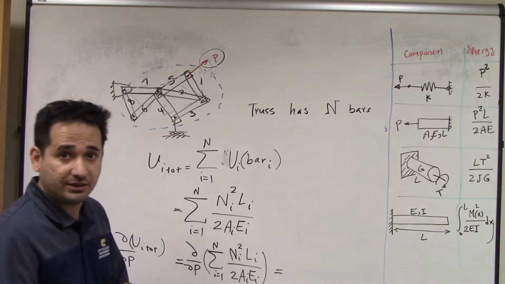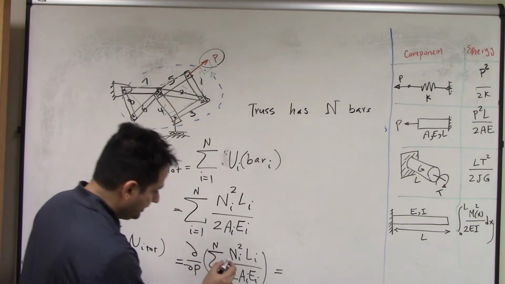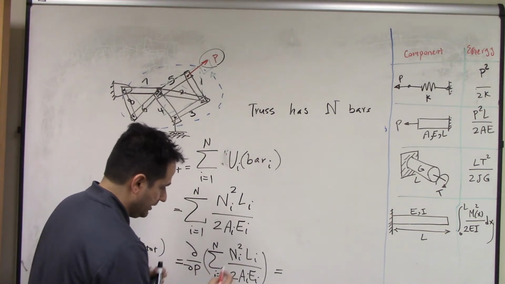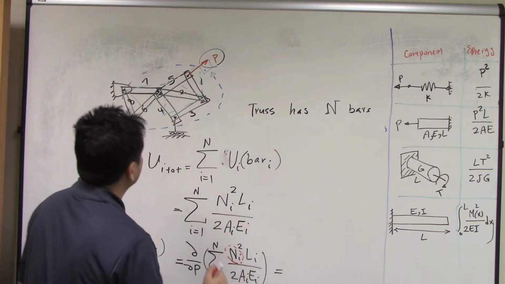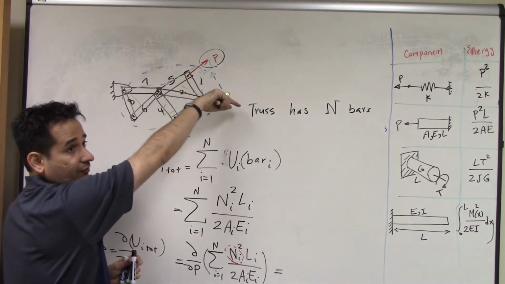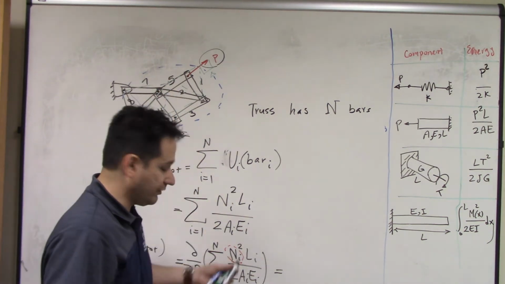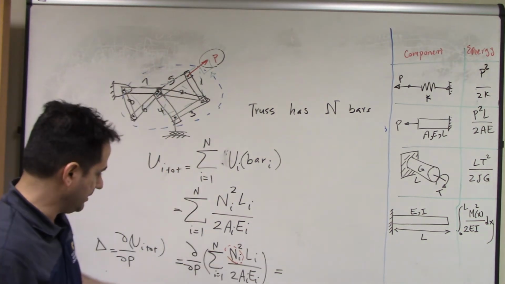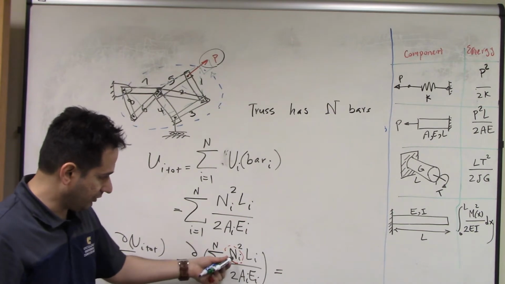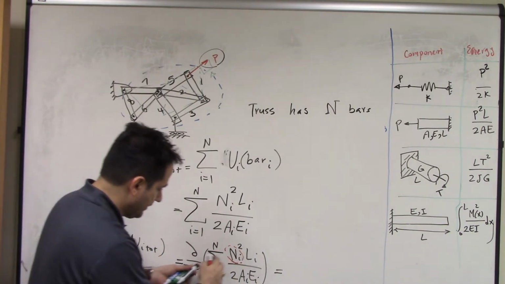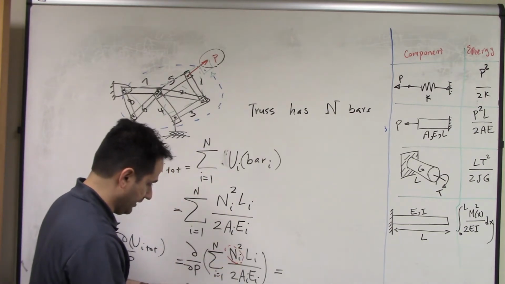These are independent of P. The only thing that depends on P is the load in that member. So if we apply a P somewhere in the truss, the loading in all members is going to be a function of P, is going to be affected by P. So when I take partial derivative, everything else is constant. So let's take this in and take partial derivative of that.